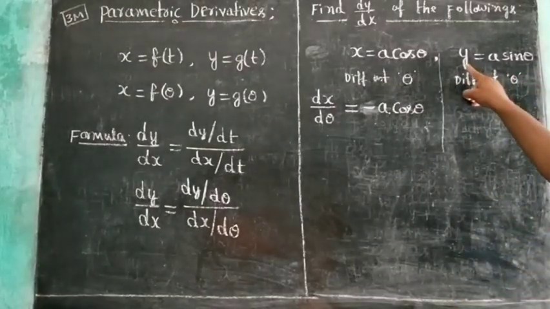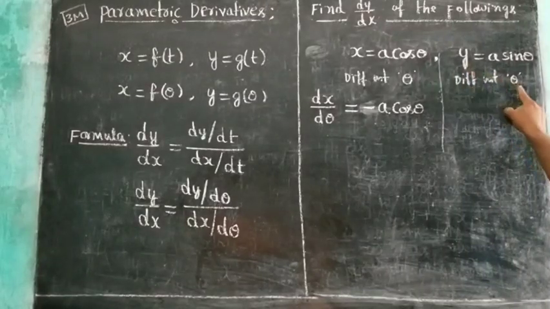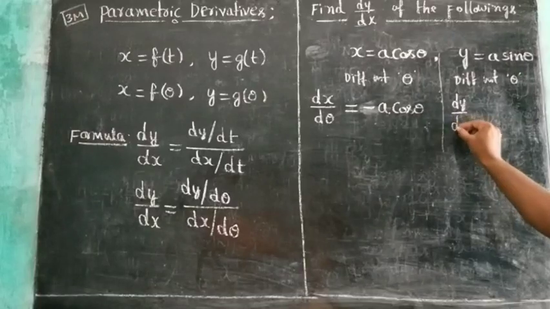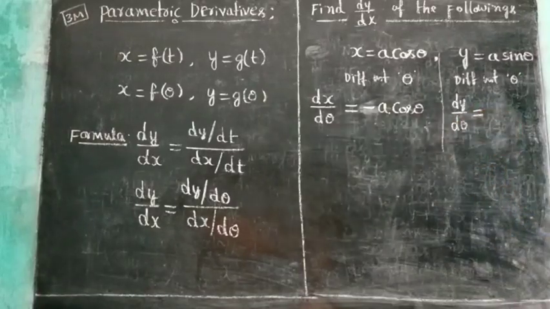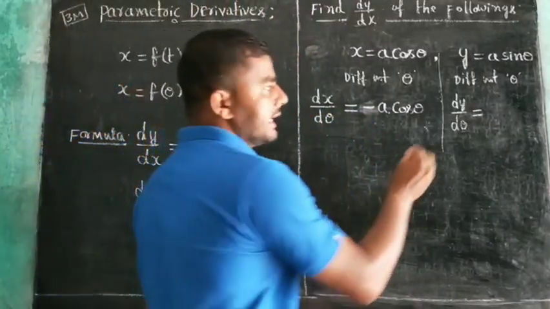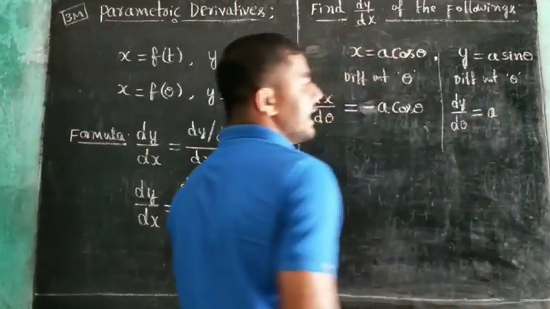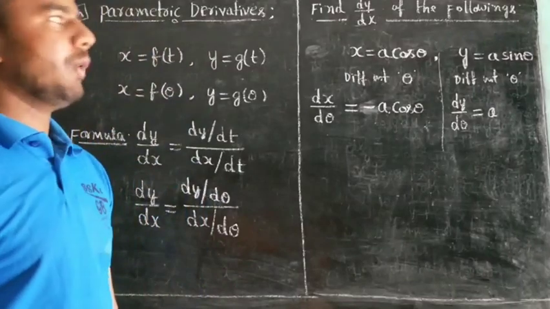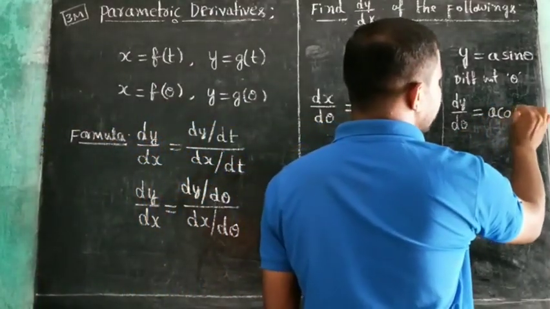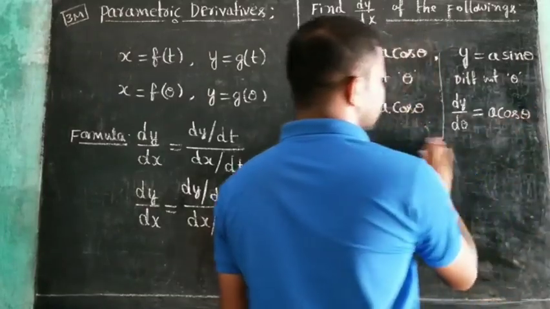The derivative of y with respect to theta is dy divided by d theta. Here a is a constant, so take a as it is. What is the derivative of sin theta? The derivative of sin theta is nothing but cos theta.